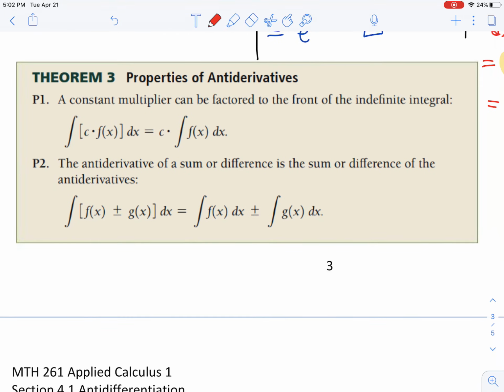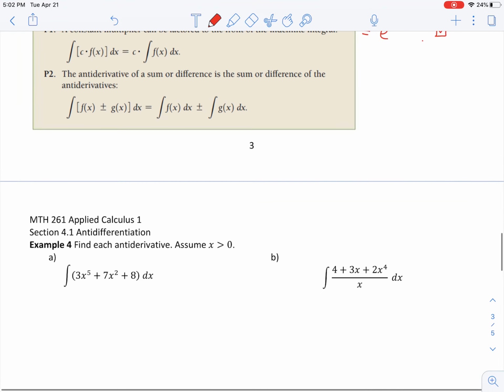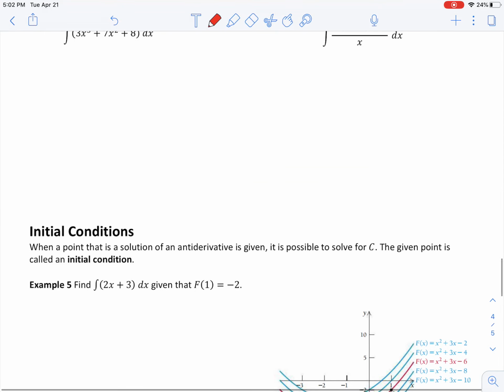First one, if you have a constant multiplier, you can pull that out to the front and just worry about it after you're done finding the antiderivative. You can just multiply that back when you are done. Now the second one, the antiderivative of a sum or difference, we can separate as the sum or difference of the antiderivatives.